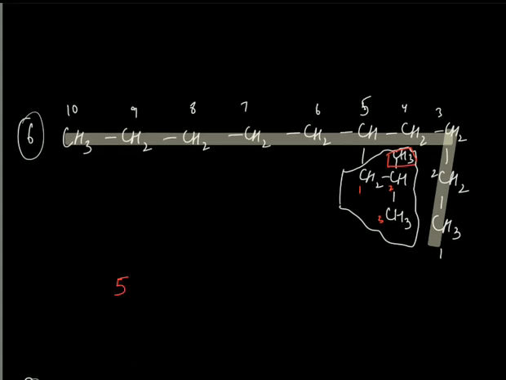So how to name all this? You have to open the bracket. So at 5th position, open the bracket. At 2nd carbon over here, if you can see this one, I'm talking about 2-methyl, and then the long chain inside the branch. Can you see this long chain?